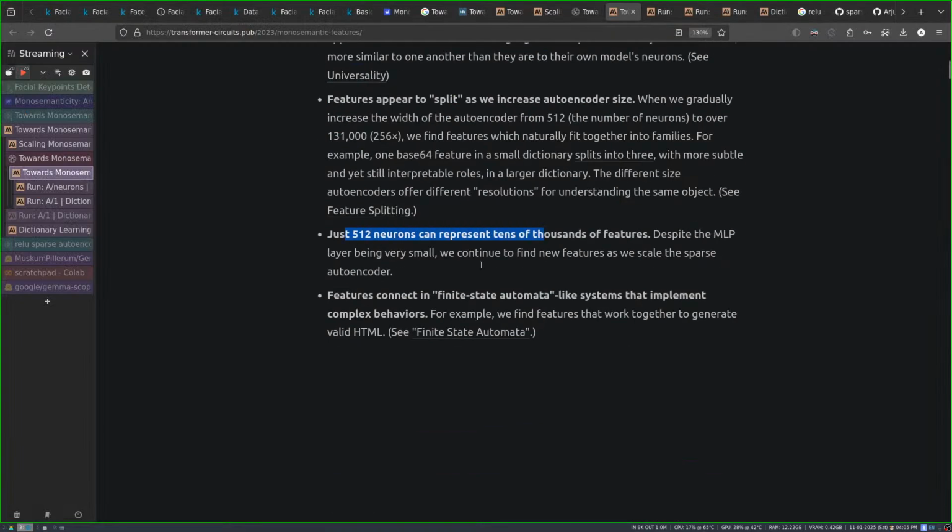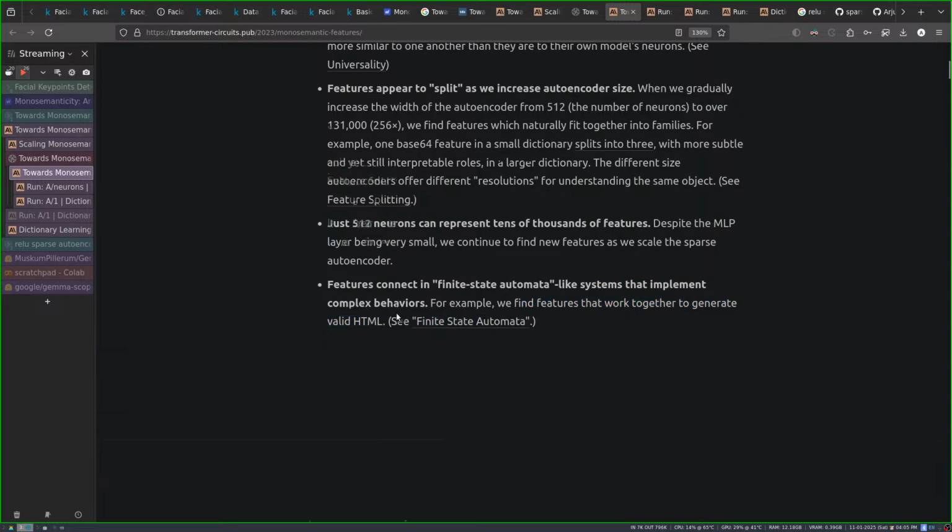Cool. Features connect in finite state automata-like systems that implement complex behaviors. For example, we find features that work together to generate valid HTML. I mean, we'll see that.